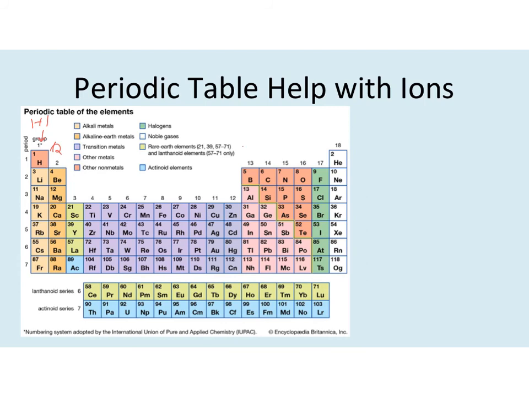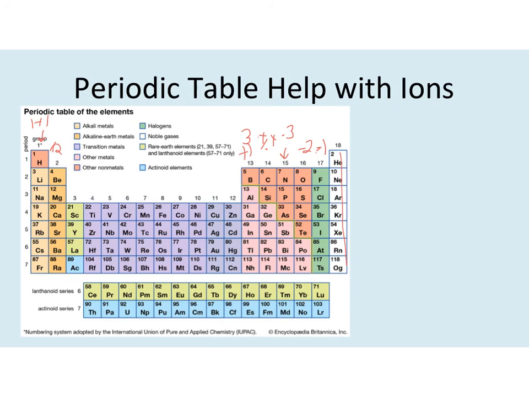Skip over the middle. Everything in this column a plus 3. This is plus or minus 4. Everything in this column is minus 3, minus 2, minus 1. And then nothing in this column because they don't form compounds.